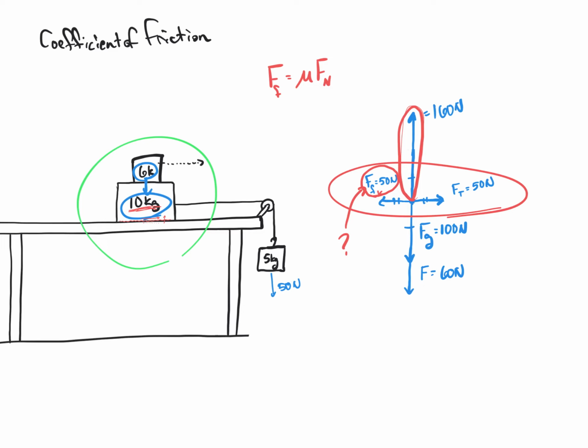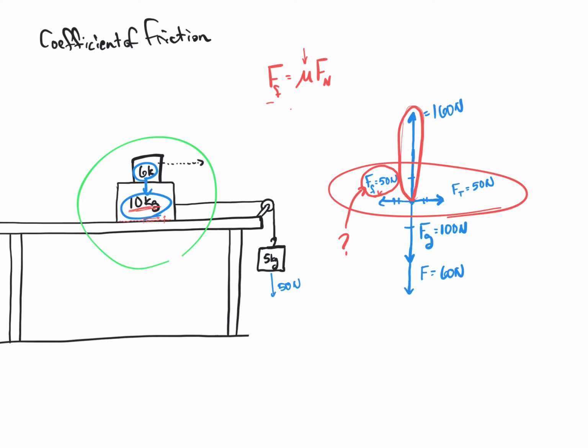Now mu, unless we're dealing with an adhesive, which is super duper ridiculously sticky, is generally going to be a number less than 1. Because it really is showing us the proportion of the normal force that is transferred into a force of friction.